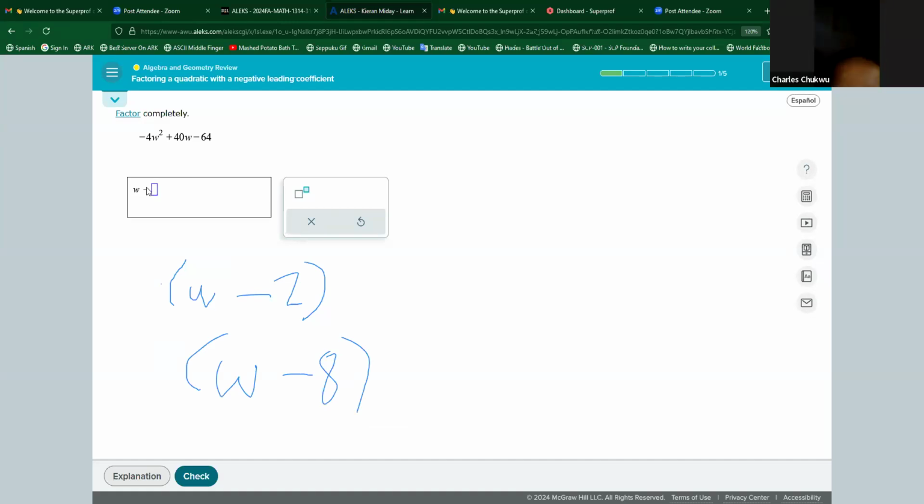But that doesn't mean you should take out the minus 4. The minus 4 is still outside. Oh, yes, sorry, let me write it again. Okay. Then like this.